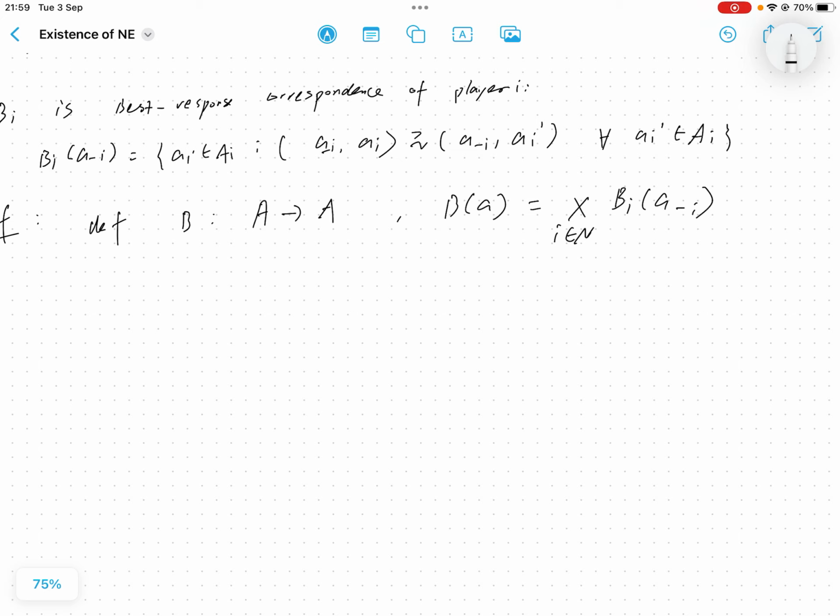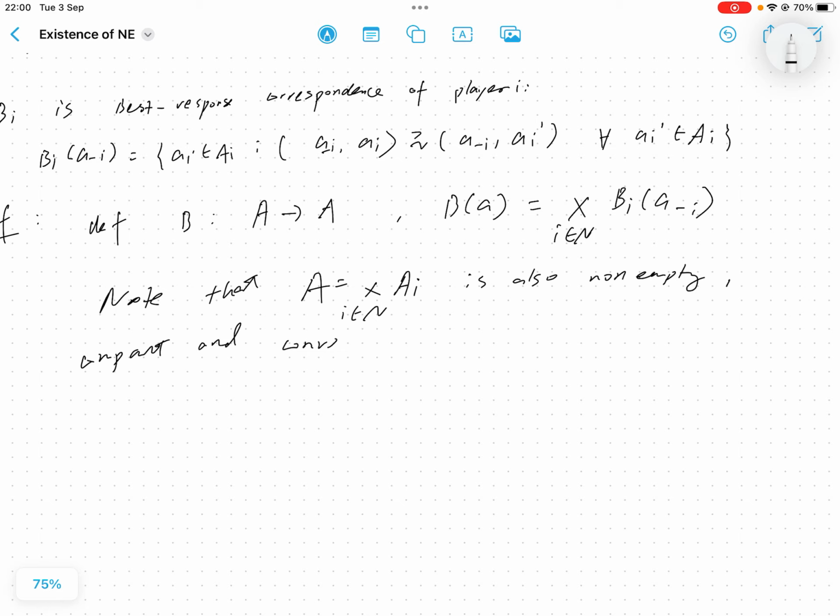Okay, so first we note that because A is just the Cartesian product of all the A_i's for all the i's, this is also non-empty, compact, and convex, right?